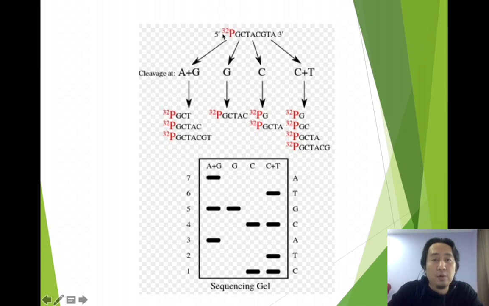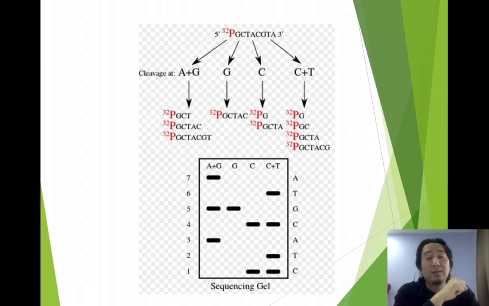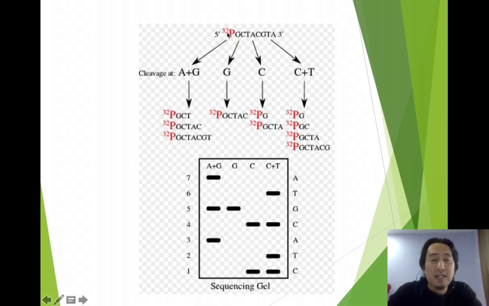Okay, so this phosphate label will be detected using autoradiography, like northern, southern, and western blot. Okay, right. So you have labeled your DNA here, at the phosphate group at 5'.